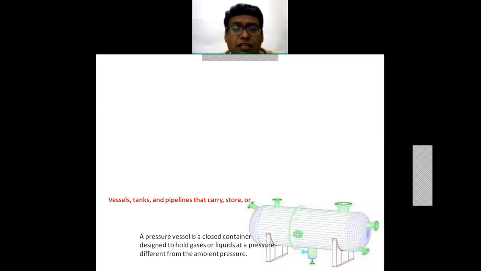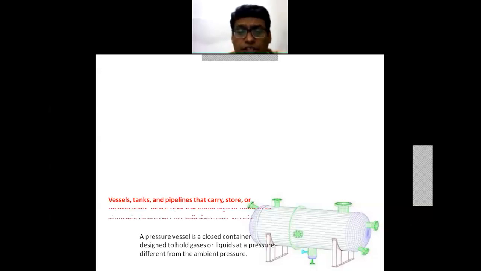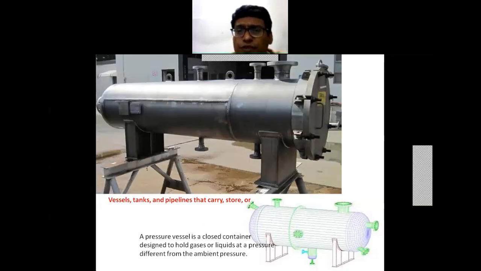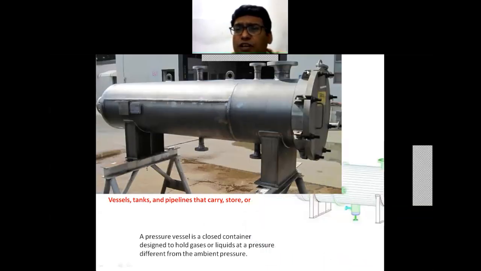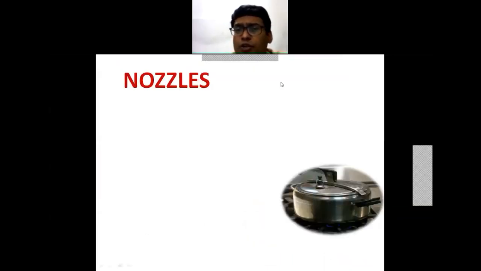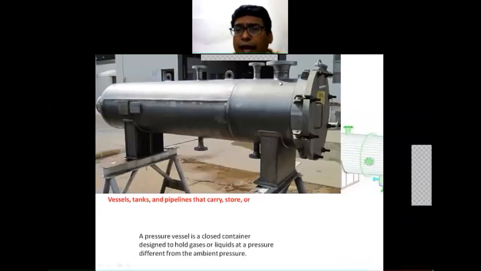Any vessel, be it a pressure vessel or any sort of vessel. A pressure vessel is a closed container designed to hold gases or liquids at a pressure different from ambient pressures. So if you look at this figure, the different nozzles are attached with different diameters.